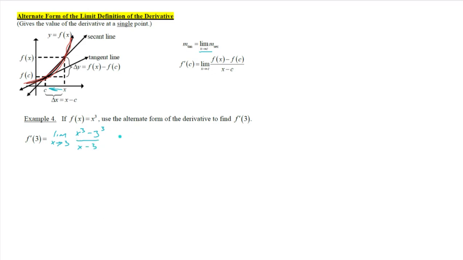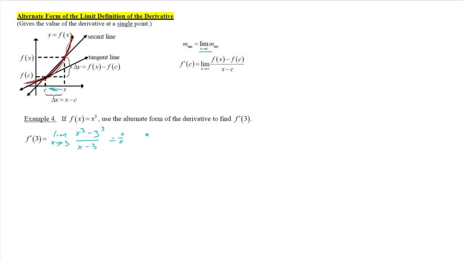Now if we try a direct substitution, you'll notice that this ends up being 27 minus 27, or 0 over 0, which gives us an indeterminate form, so we need to go ahead and simplify this.